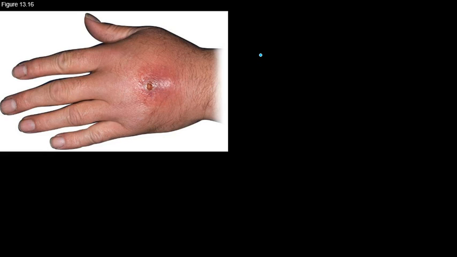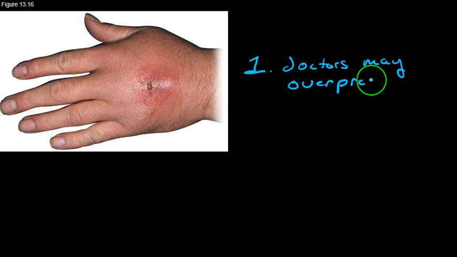So we have contributed to this problem in a couple of ways. Number one, doctors may have overprescribed antibiotics. You go to the doctor and you don't feel so well, and so you get like a Z-Pak or something like that.